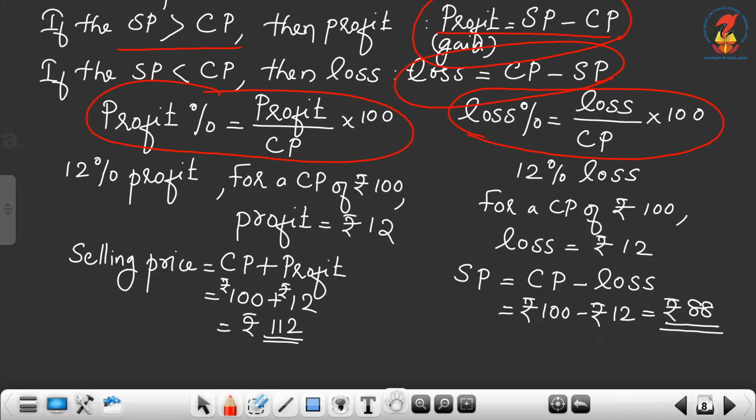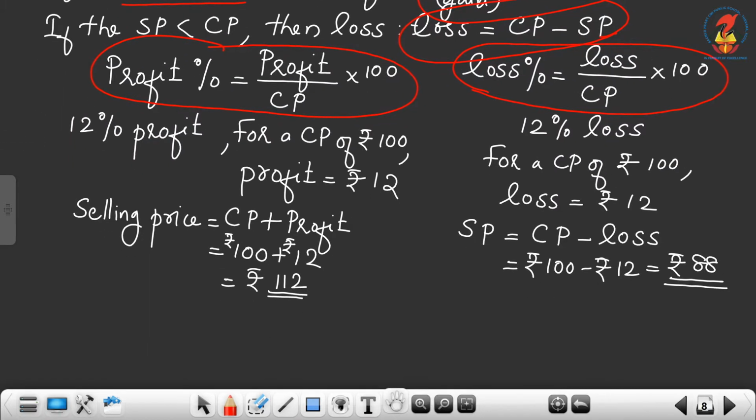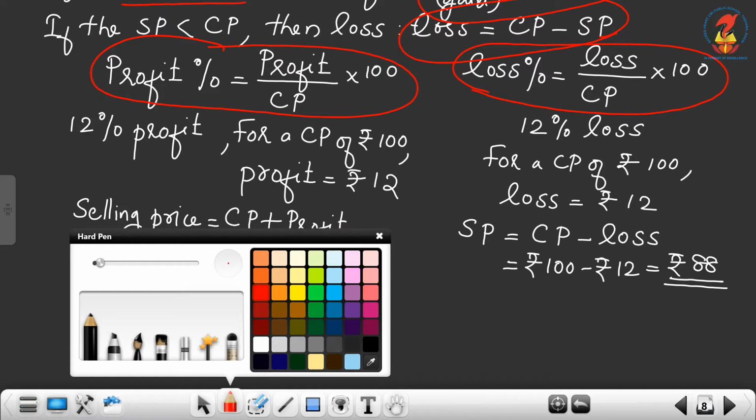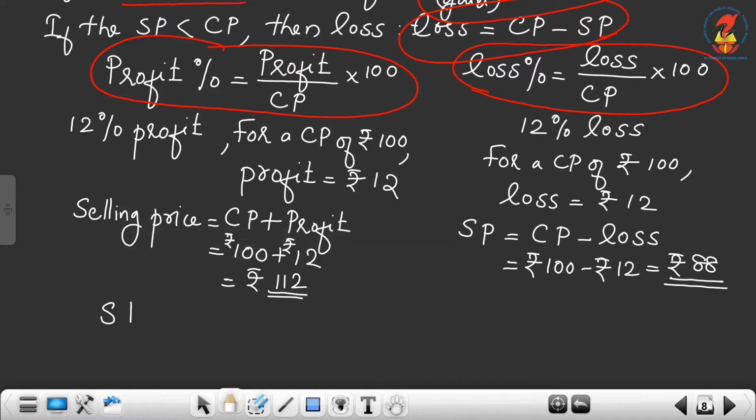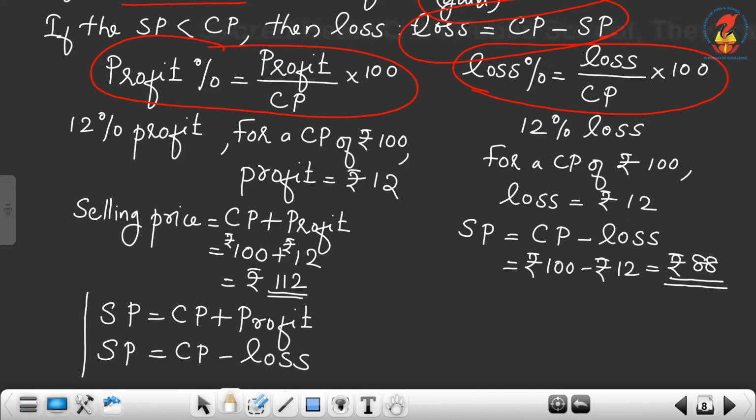Now we can find out the selling price. Selling price is equal to cost price plus profit, and if loss occurs, selling price is equal to cost price minus loss.